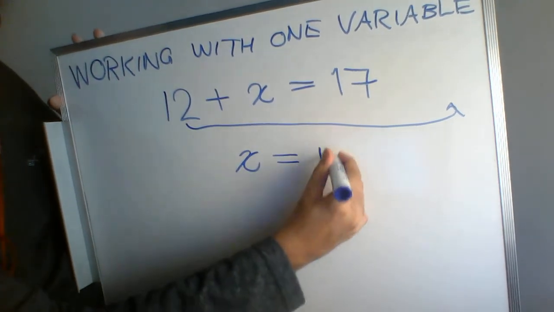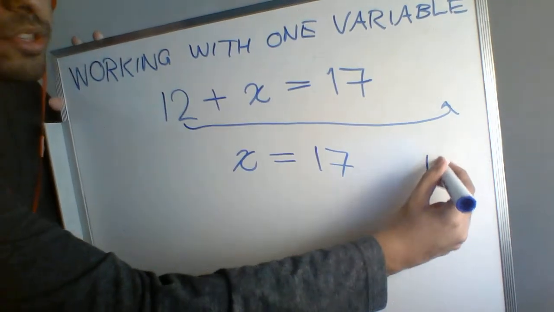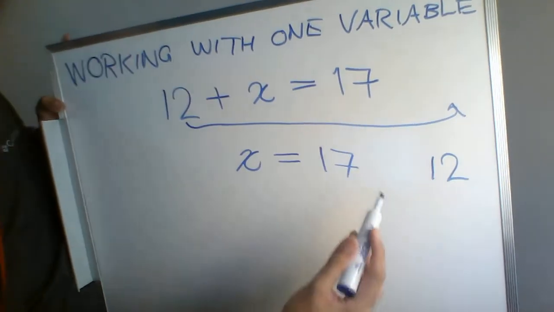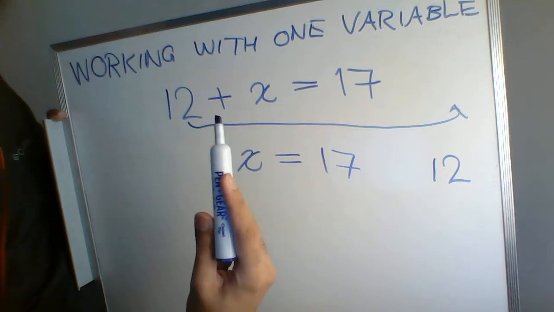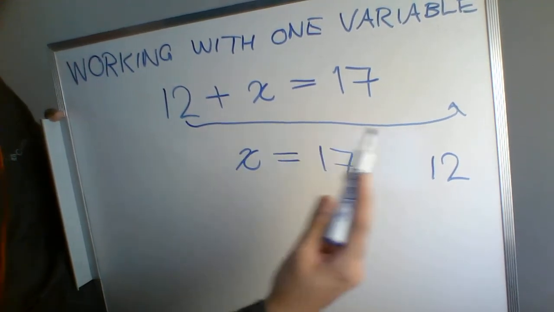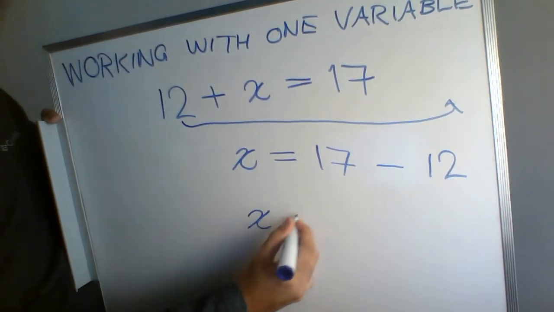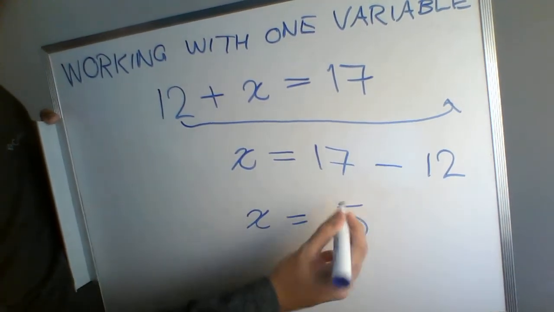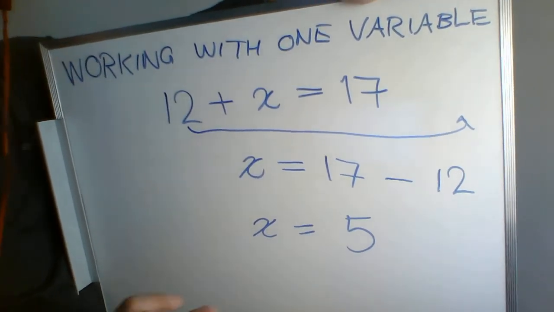So instead of having 12 plus x over here, I've got 17. I'm just going to do the opposite operation of what I was doing here. We're adding here, so when I throw it over there, I'm going to subtract. That gives me x is equal to 17 minus 12, which is 5, the same answer of 5. This works for all of them.